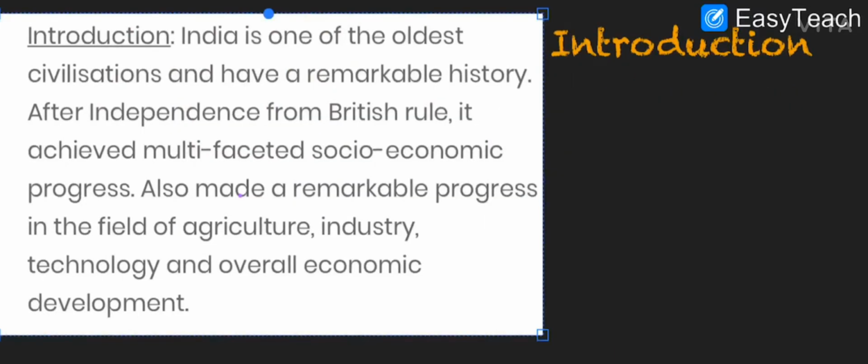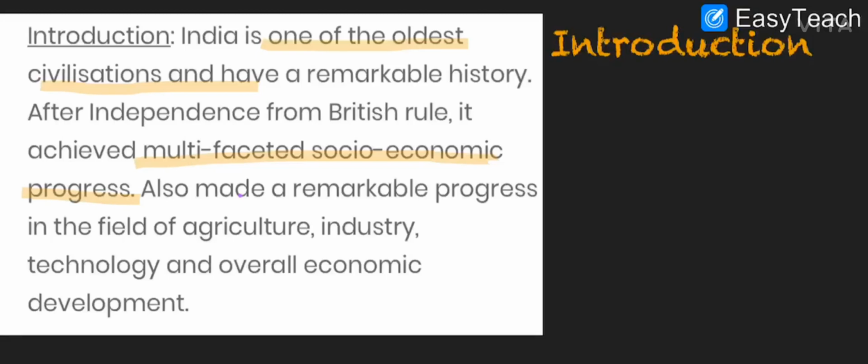So here we are starting with the introduction of the chapter India, Size and Location. India is one of the oldest civilizations that have a remarkable history. After independence from British rule, it achieved multifaceted socio-economic progress. This phrase, multifaceted socio-economic progress, is very, very important.